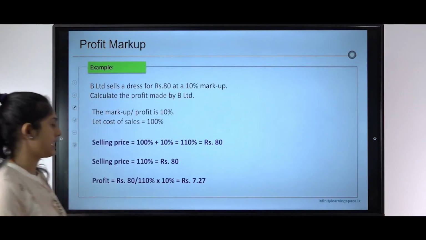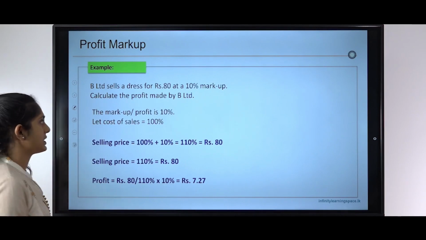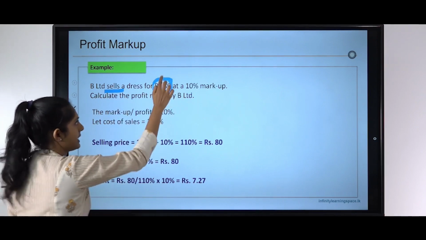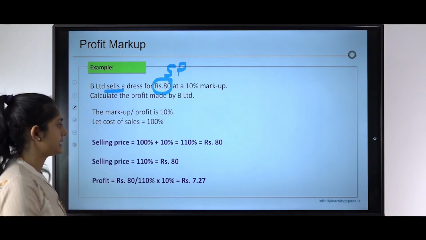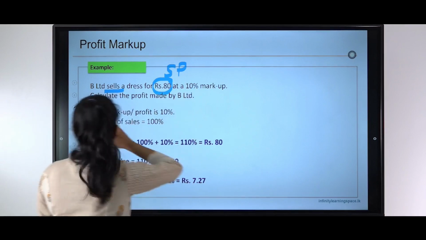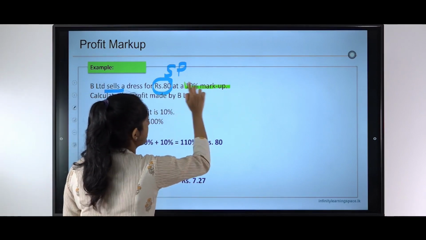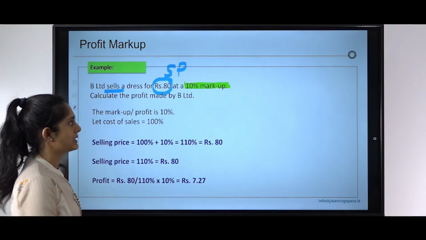So let's see an example. B Limited sells a dress for rupees 80, which means this is your selling price. They sell it at a 10% markup, which means to a cost you have added the 10% profit.